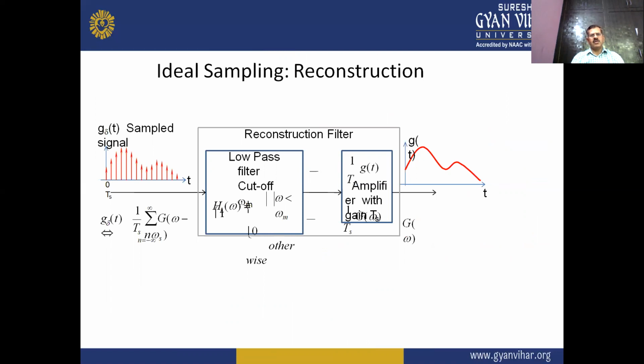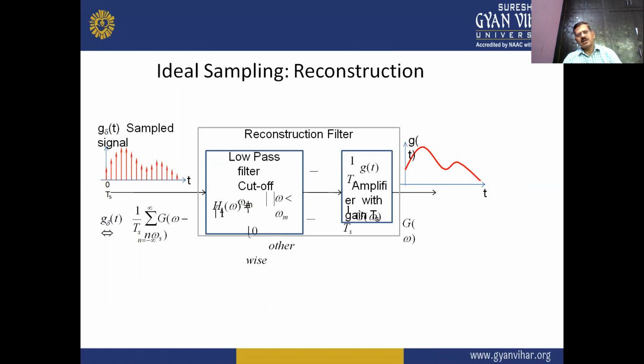Reconstruction of ideal sampling. The sampled signal g delta(t), equal to 1 upon T times the summation of n equal to minus infinity to infinity of G(omega minus n omega s), is applied to the low pass filter, and the output of this low pass filter is applied to the amplifier.